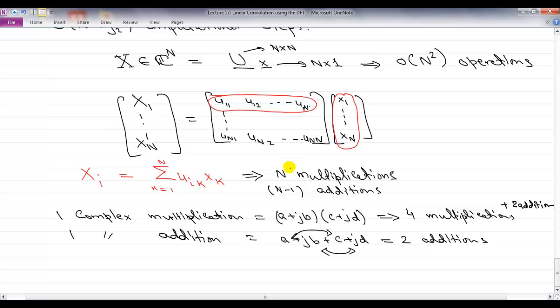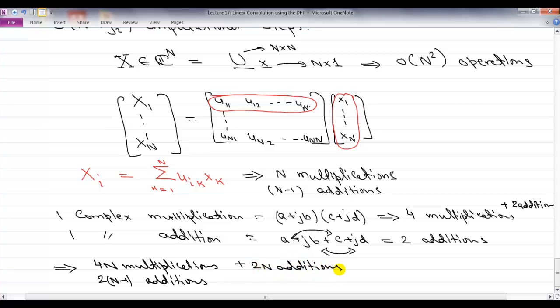So in general, if we have n multiplications for one coefficient, that means we have 4n multiplications, and if we have n minus 1 additions, then we have 2 times n minus 1 additions, plus we have 2n further additions due to multiplications.